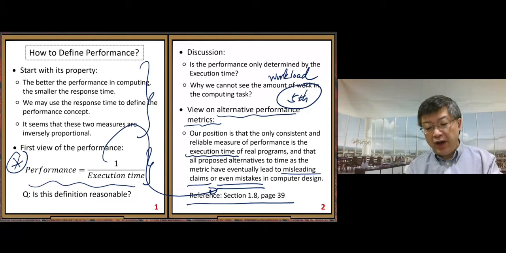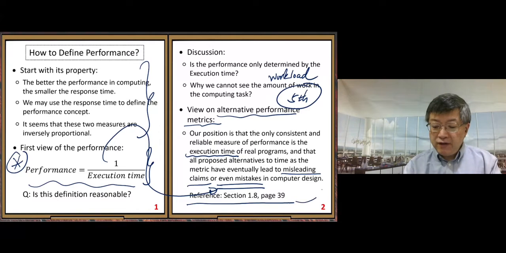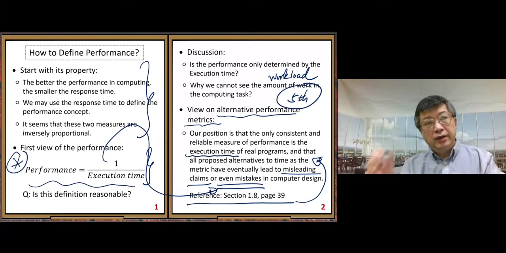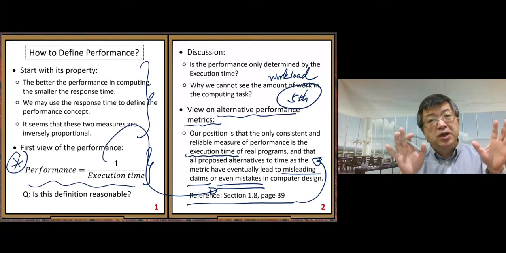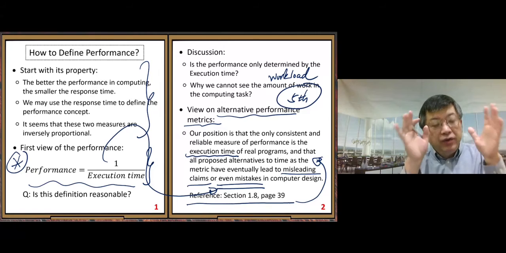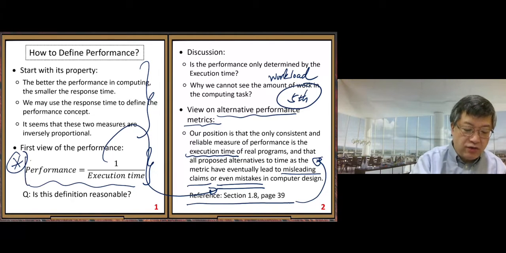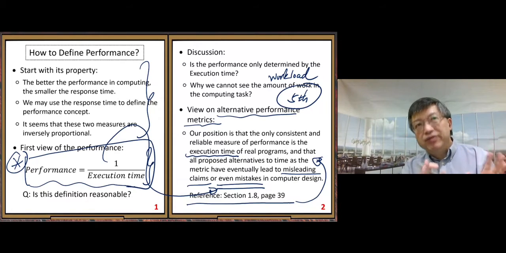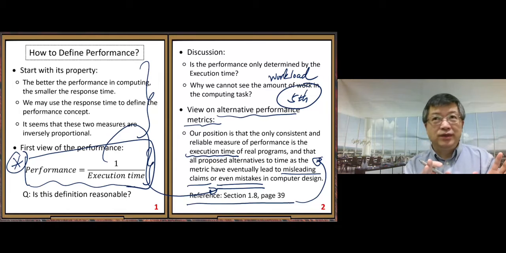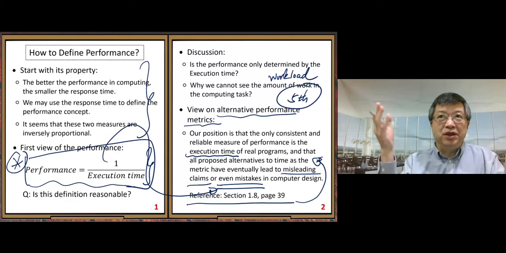So section 1.8, page 39, you can find this paragraph. Anyway, so I give you the comments. Based on this, I will not give you questions using this formula, okay? Because it's a bad formula. If I create questions based on this formula, you will see some ridiculous results.